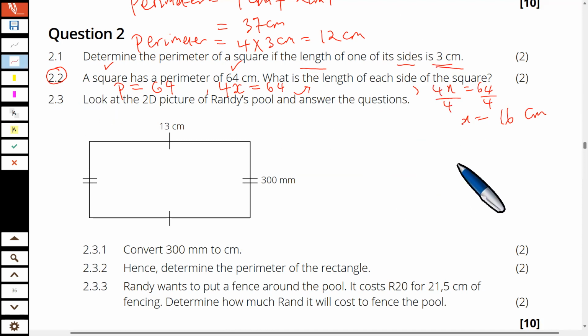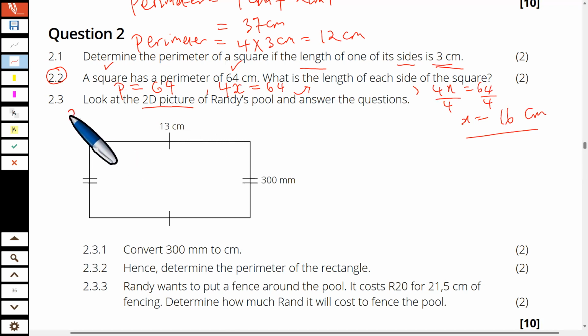So here we are done with this one. Next question. Look at the 2D picture of Randy's pool and answer the questions. What is a 2D picture? What does it mean to say a picture is 2D? It's flat. Thank you.